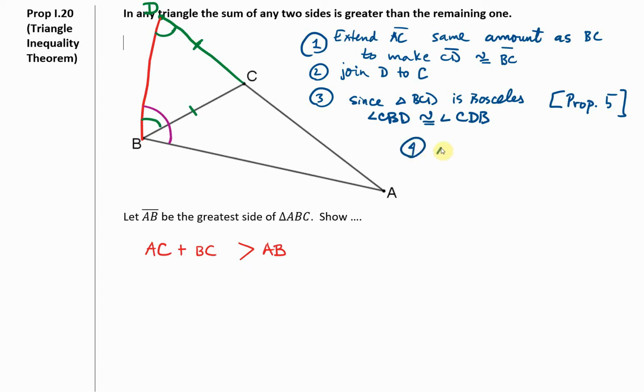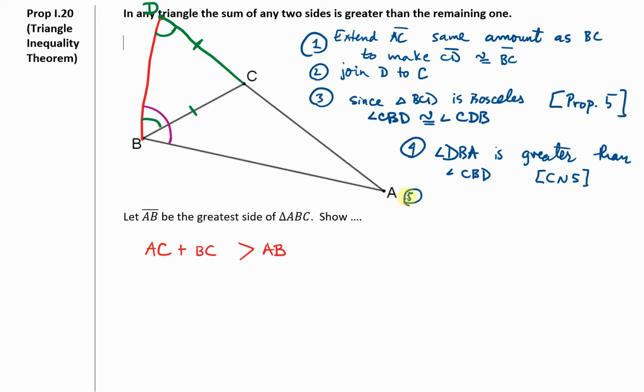Purple angle, angle DBA, is greater than angle CBD. This is Common Notion 5: the whole is greater than the part.